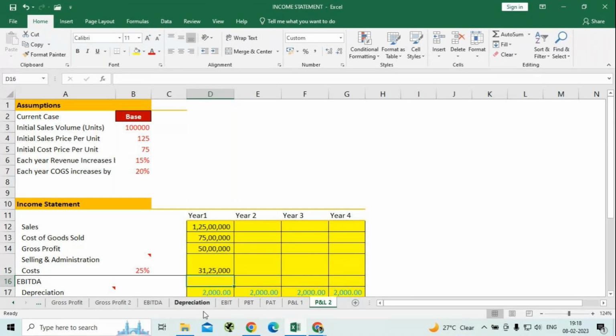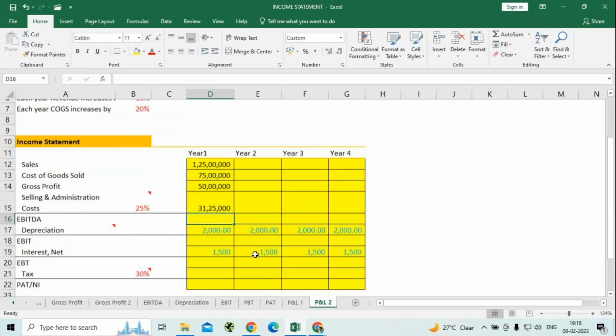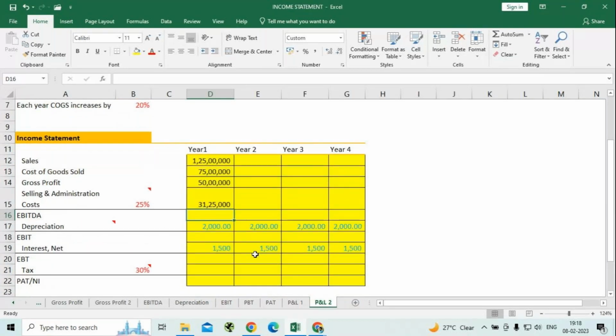So that is 31 lakh 25,000. Good. Then gross profit value minus the selling and administration cost.